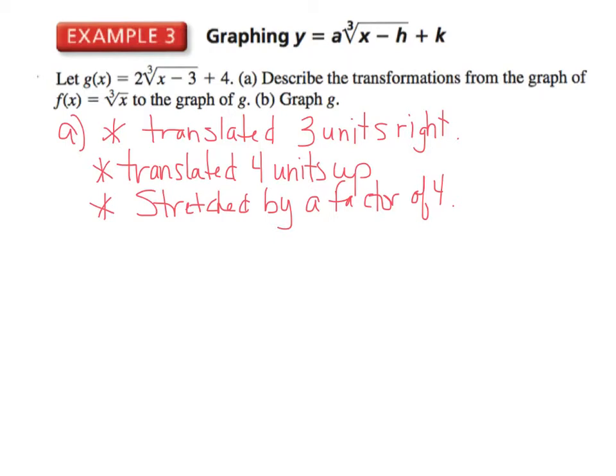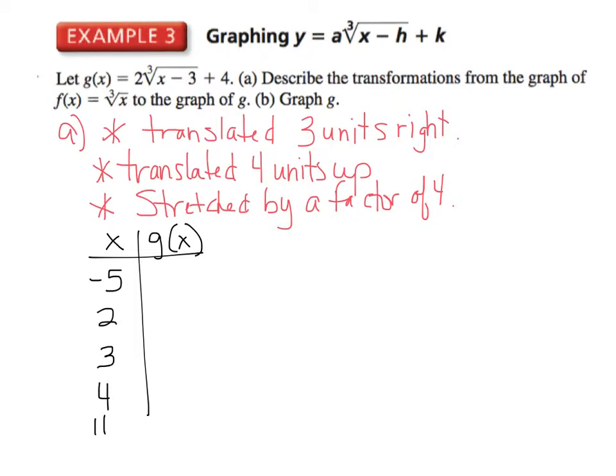So if I make a t-table, I'm just going to tell you the t-table. Once again, you can get decimals, you can plug in anything you want. But if I plugged in -5, 2, 3, 4, and 11, that once again would give me the cube root of -8, -1, 0, 1, and 8.